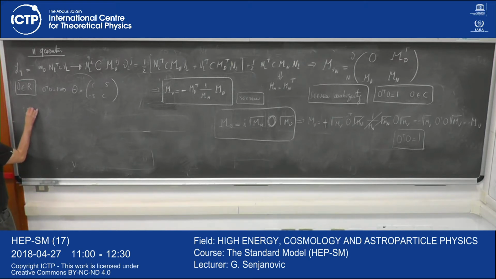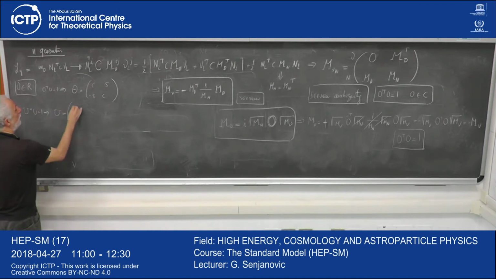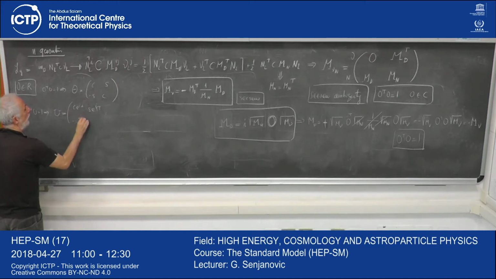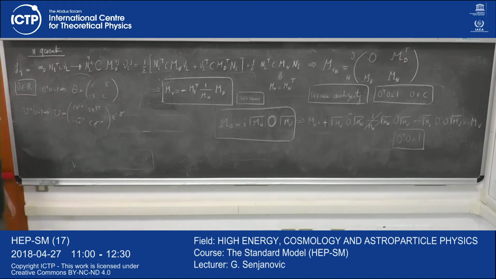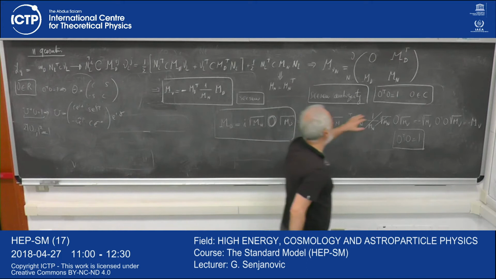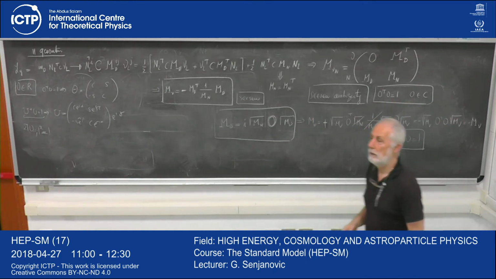If you have a unitary matrix, U dagger U is 1, then you will find U is C e to the I alpha, S e to the I beta, minus S e to the minus I beta, C e to the minus I alpha. Maybe you stick in another phase, whatever you do, same thing. And that's simply this property, so the elements are less than 1, or at most 1. Not anymore for an orthogonal complex matrix.